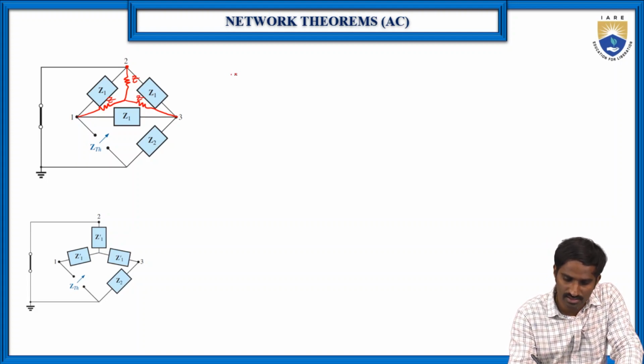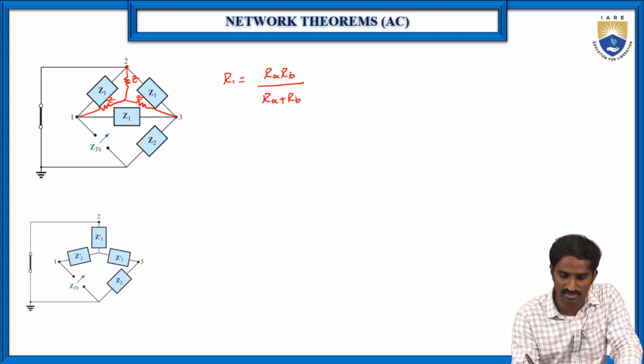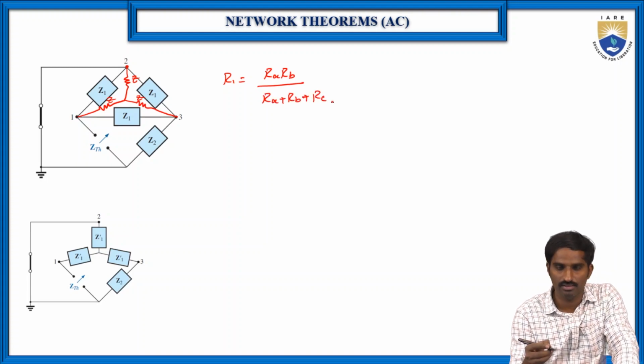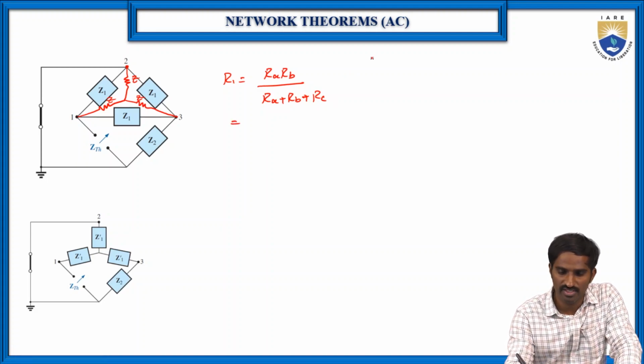So let us consider first Z1, actually, in the regular way. Let me write here R1 is equal to RA RB by RA plus RB plus RC. This is the usual formula for converting delta to star. But anyway, here RA is equal to RB is equal to RC, which is equal to Z1, right?